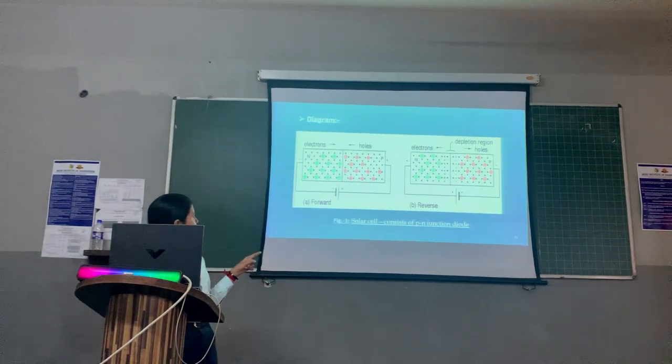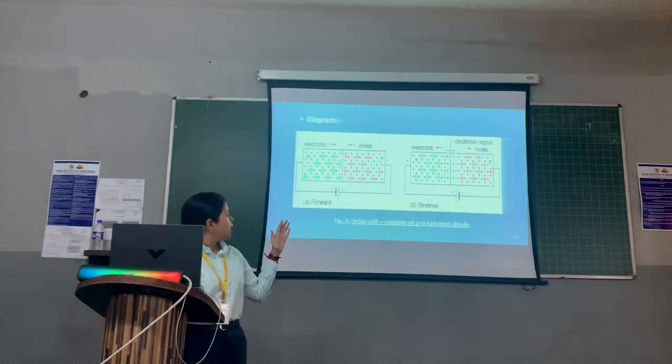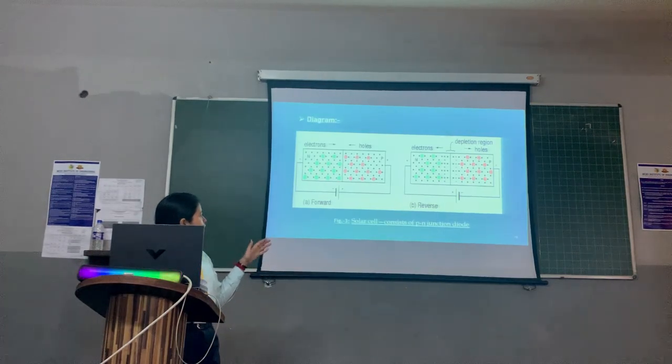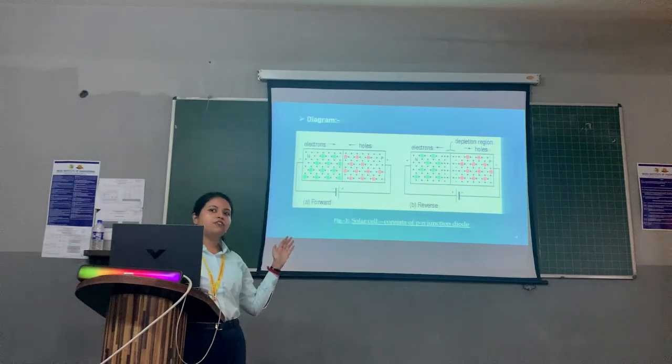In forward biasing, the N side is connected to the battery's negative terminal, and the P side is connected to the battery's positive terminal. Hence, the applied electric field surpasses the barrier potential at the junction, so current flows through the circuit.